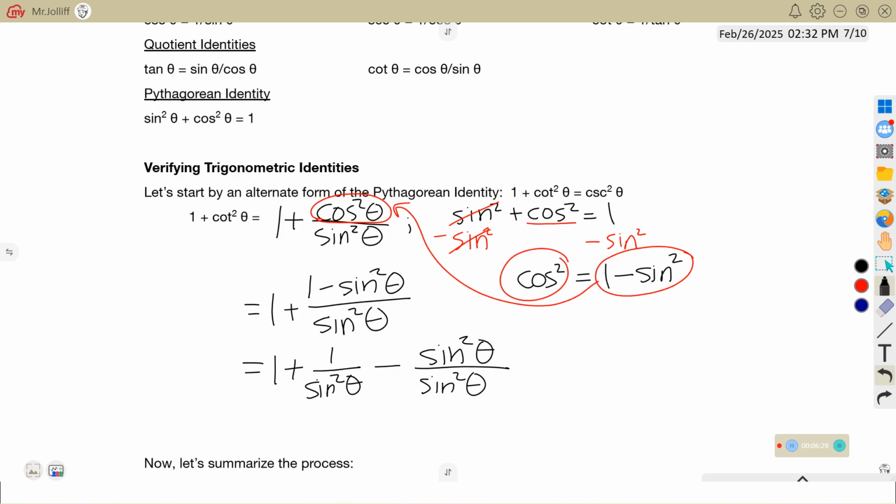And I know that's okay because if I started on this line and I worked backwards, the denominators match, I would just squish the numerators together, which would take me back to where I started. That's allowed. That's okay.